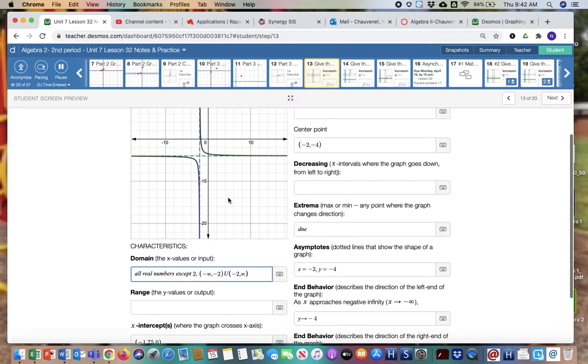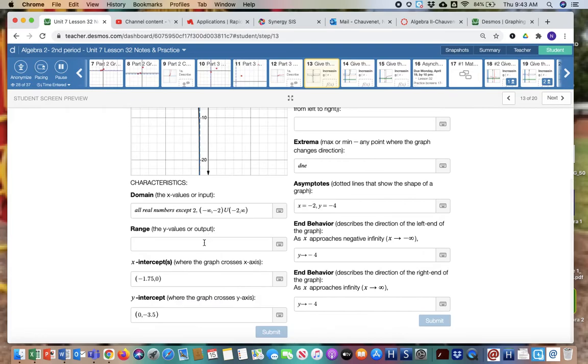So what about the range? Well, isn't it the same thing? Doesn't this side go down forever? Doesn't this side go up forever? So it's everything except, well, what is this horizontal asymptote? It's at -4, right? So the range, again, we could say all real numbers except -4.